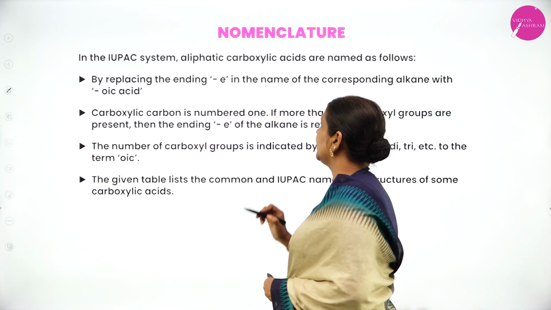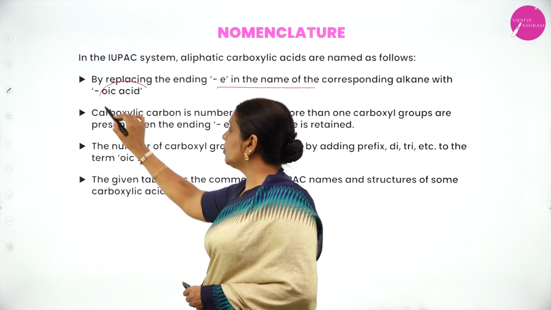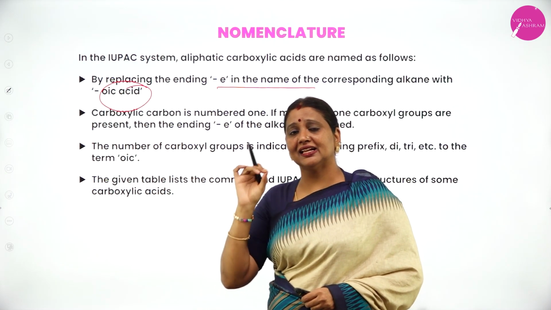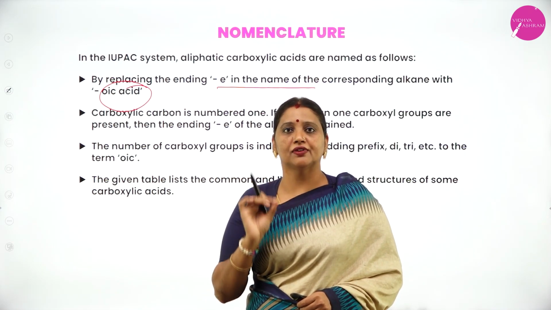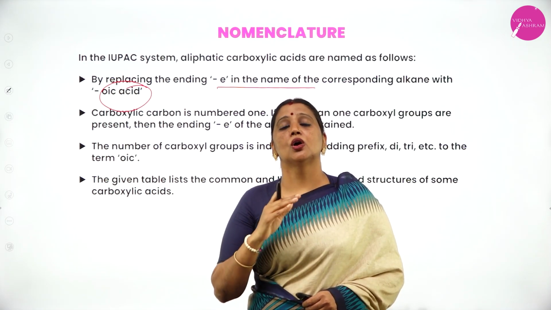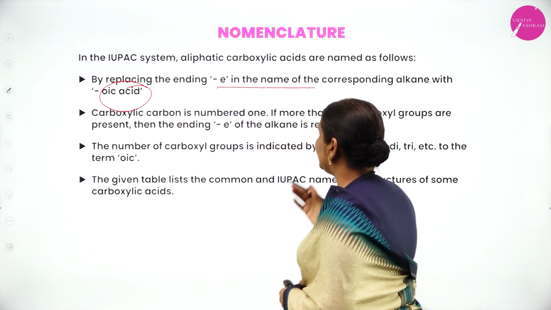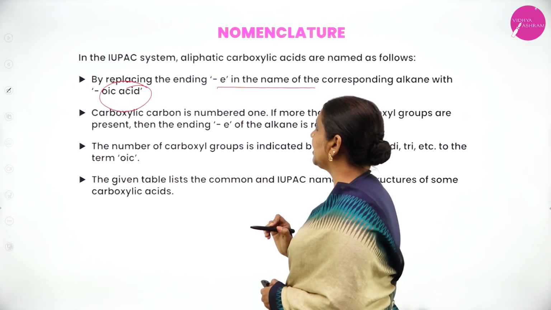In the IUPAC name, the E of the corresponding alkane is replaced by oic acid. So you have to select a carbon chain which contains the COOH group and give number 1 to that functional group. Later, the higher number should be given to the next carbon atom or to the substituent. The E of the suffix ANE is replaced by oic acid.